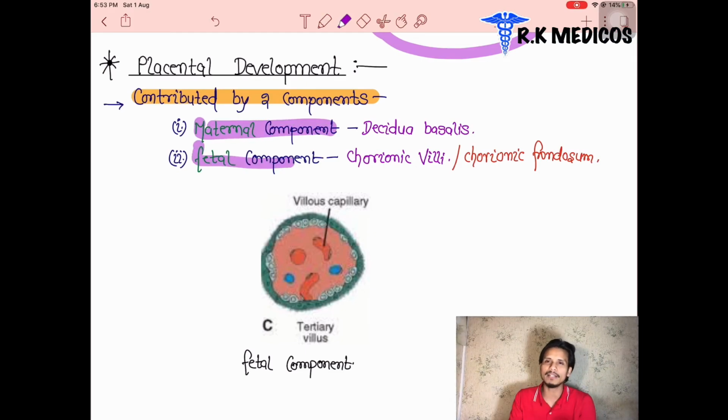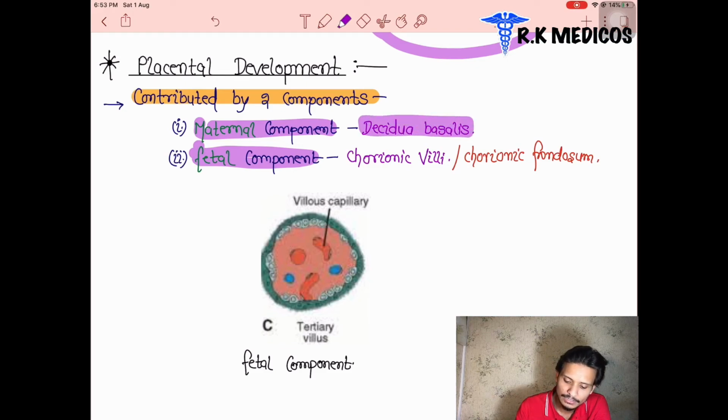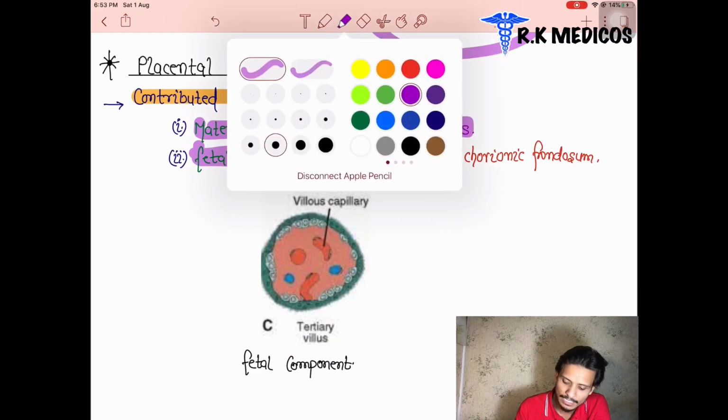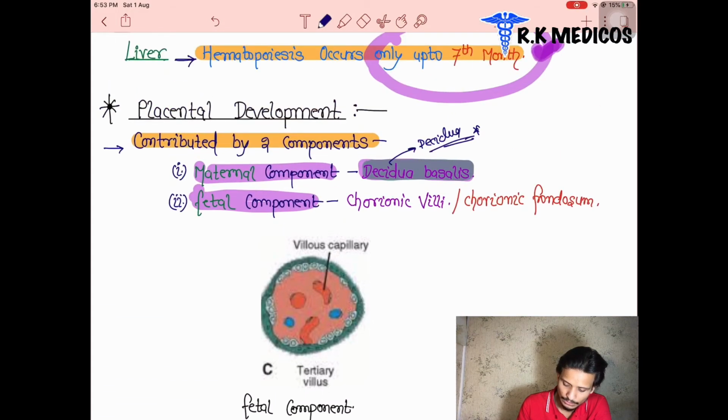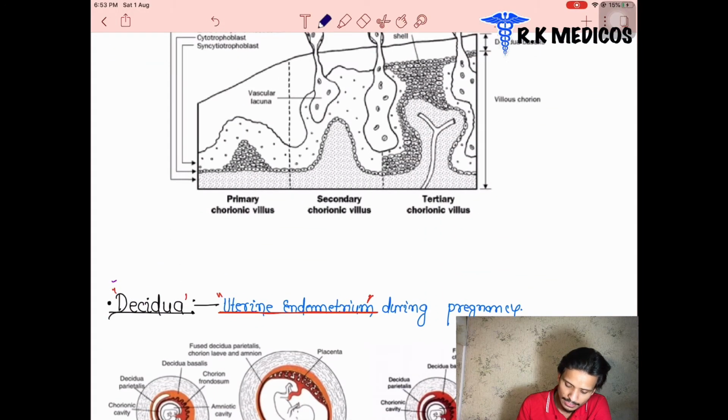What is the name of the maternal component which participates in the formation of the placenta? The maternal component is basically the decidua basalis, the most important term here. Decidua is the term used in pregnancy for the uterine endometrium.